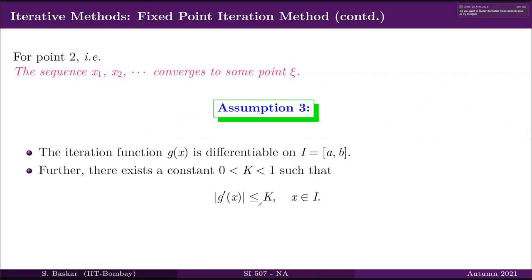By this, we will get that mod g dash of x is strictly less than 1 and is away from 1, right? So that is the idea, and this should happen for all x in the interval ab. Such a function is called the contraction map.